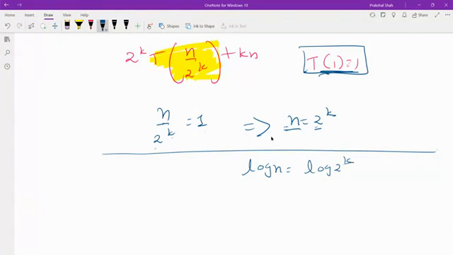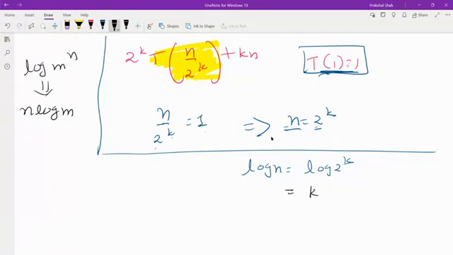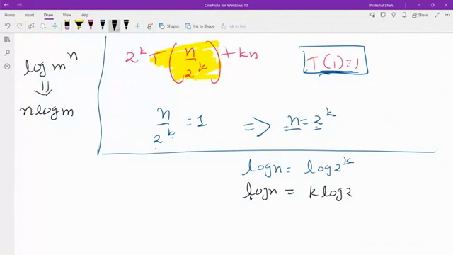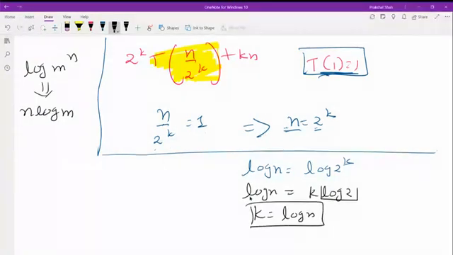Now whenever you are dealing with log, there is a rule of log that log m^n equals n log m. If you have studied 9th and 10th maths, you know this. Similarly, here it will be k log 2, so log n = k log 2. Now log 2 is a constant, so I will ignore that. So can I say my k is log n? Yes or no?